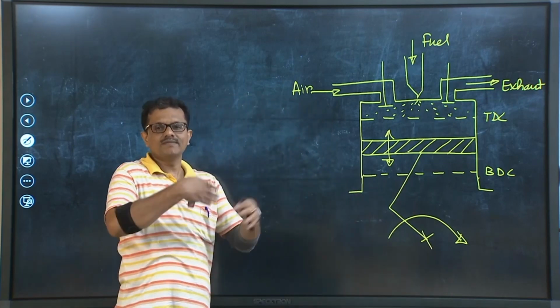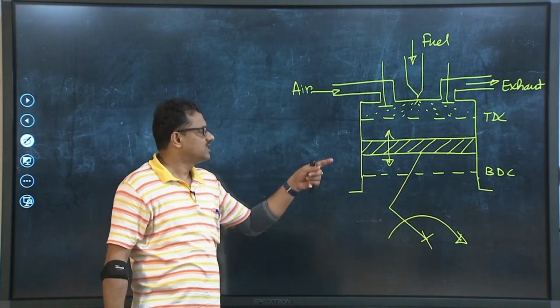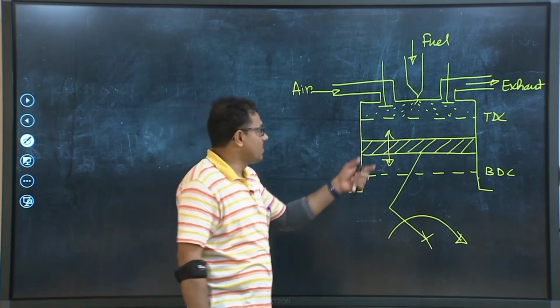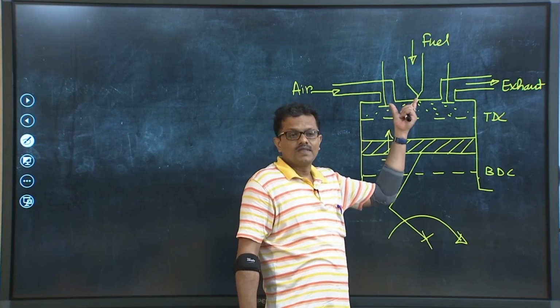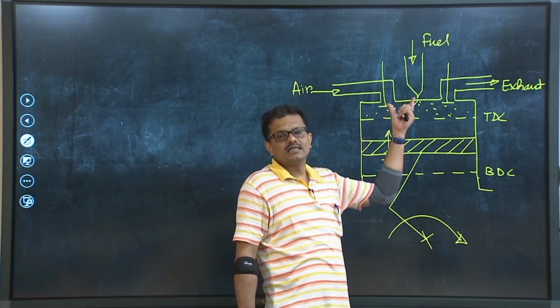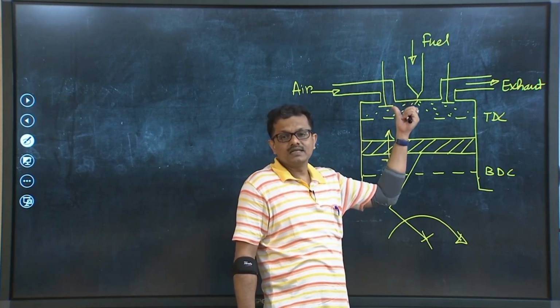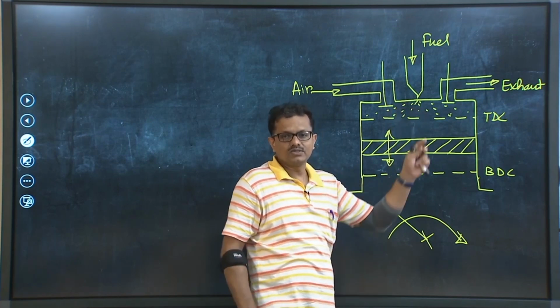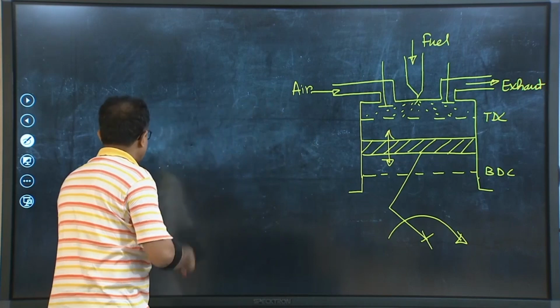So the pressure remains more or less constant during the entire process, and that is why the combustion process of a CI engine is represented by a constant pressure heat addition process in the PV plane. That is very important to remember.